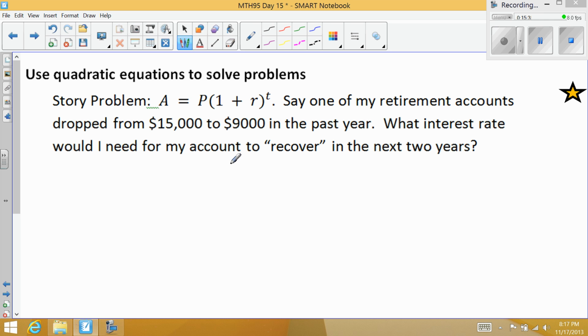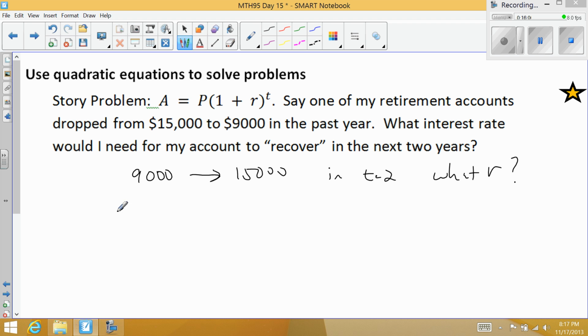What interest rate would I need for my account to recover in the next 2 years? So what I'm asking here is I want to take my $9,000 and have it grow back to $15,000 in t equals 2 years. And what I'm looking for is what r would make that happen. What interest rate would I need?